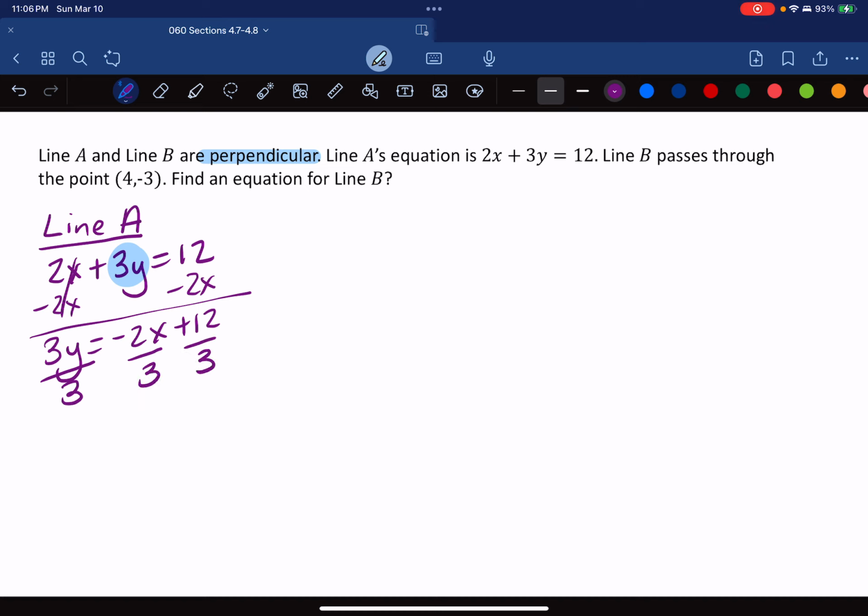Remember, we're subtracting the x from both sides to get the y by itself because we want the x and the y on separate sides. And then we're going to divide everything individually by 3 so that we have a fraction for our slope. And our slope is going to be negative 2/3 for line A.